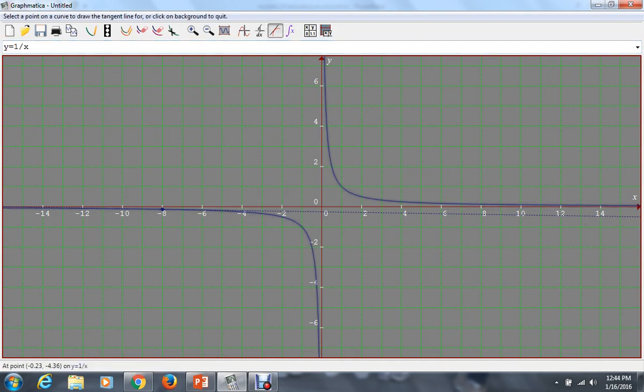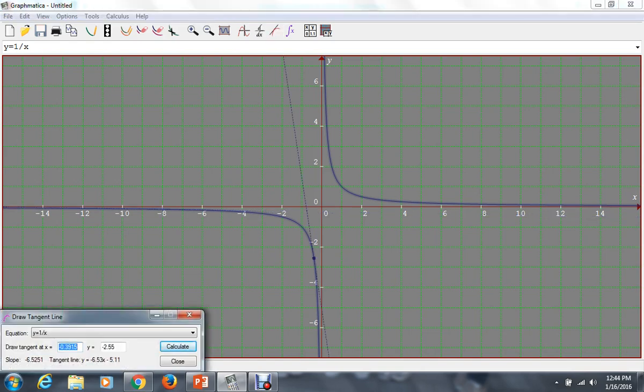Looking at, let's say, x equals -1/2, which would be down in here. If I draw the tangent line there, at -1/2, the slope of the tangent line is a very negative number now. And we could calculate the slope of that tangent line and plot that point.